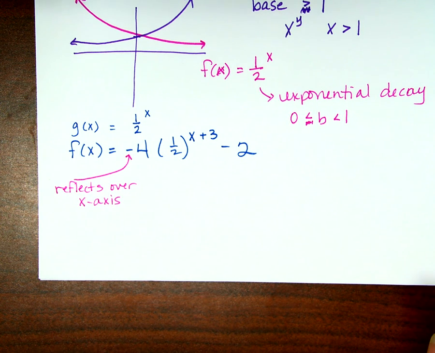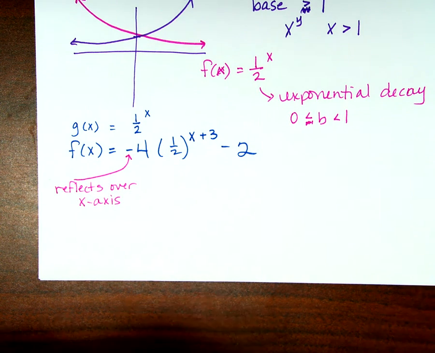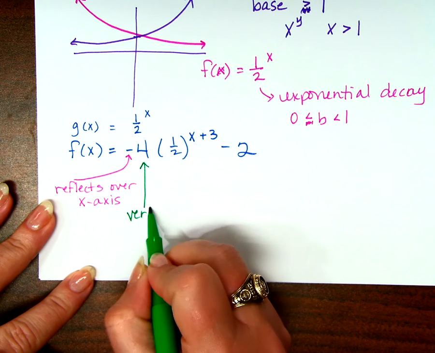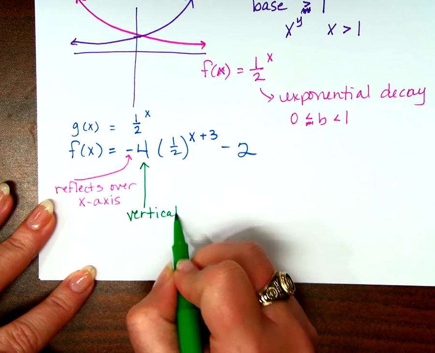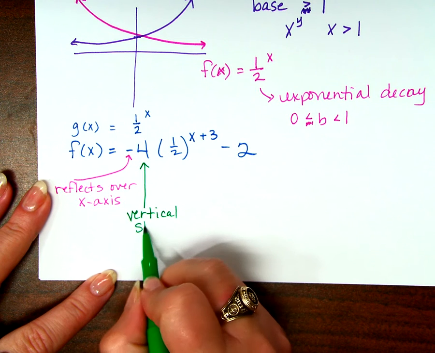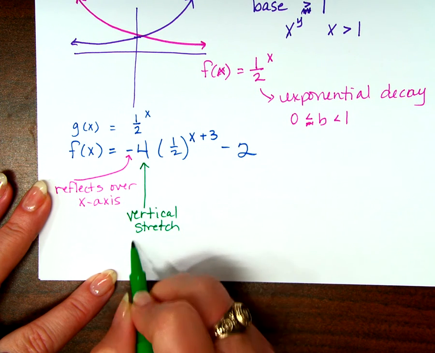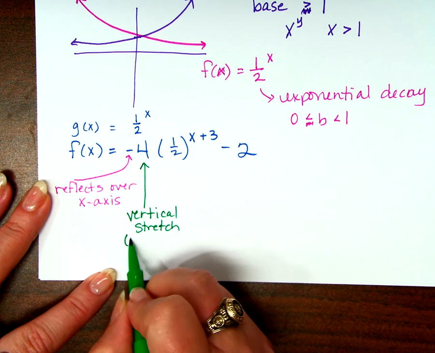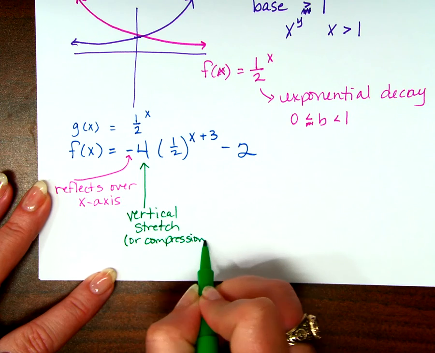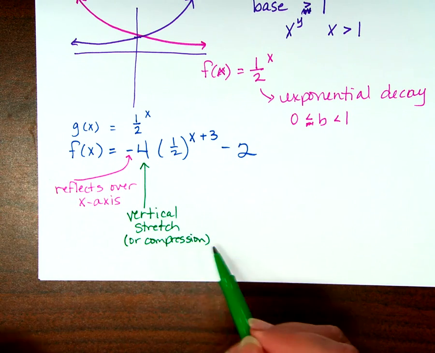What does the 4 do to it? This causes a vertical stretch. Now I'm going to put in parentheses, or compression. The multiplier is what causes the vertical stretch or compression.